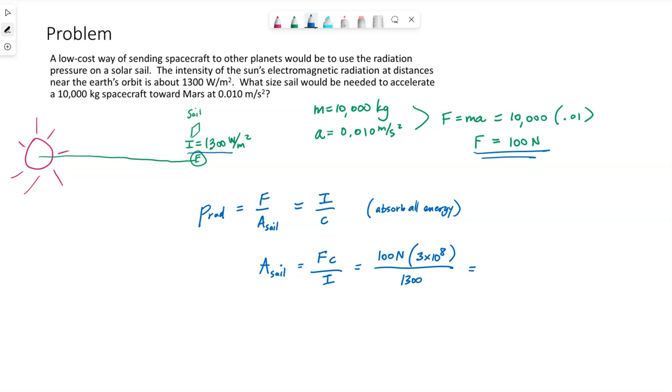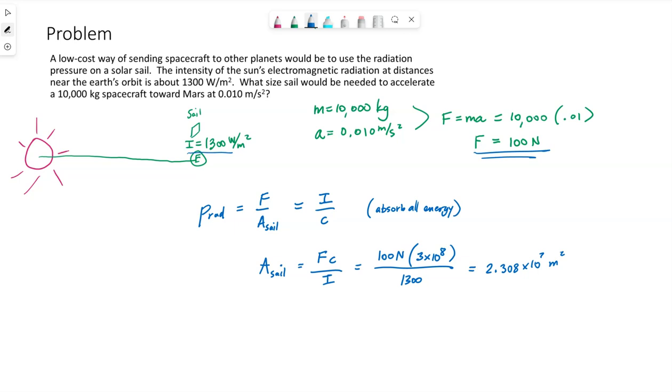So the area is 2.308 times 10 to the 7th meters squared.